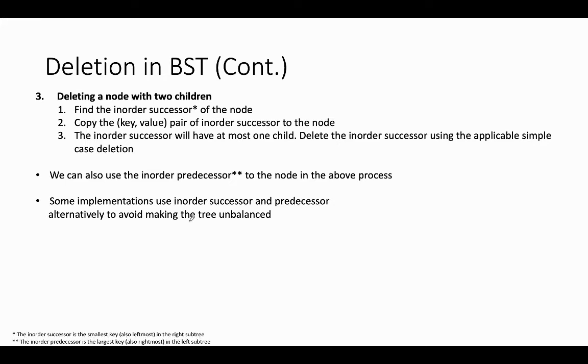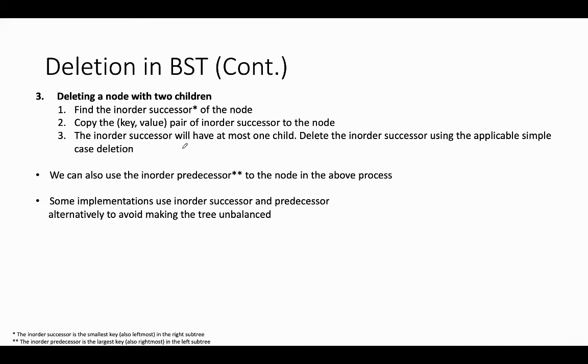The in-order successor is the smallest key in the right subtree, or we can also say this is the leftmost node in the right subtree. Then we need to copy the key value pair from this in-order successor to the node we want to delete, and then we can simply delete the in-order successor because it will be either case 1 or case 2.